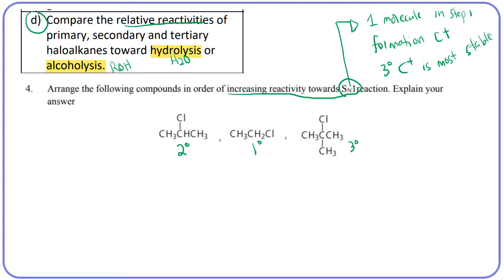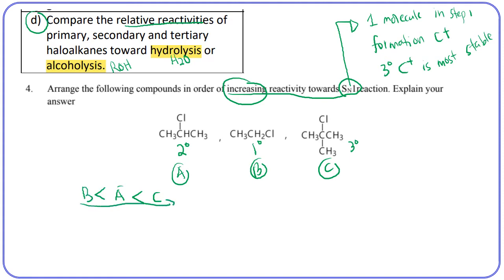Let's say this is A, B, and C. So we want to arrange in order of increasing reactivity. So C is the most reactive, followed by A, and B is the least reactive towards Sn1.